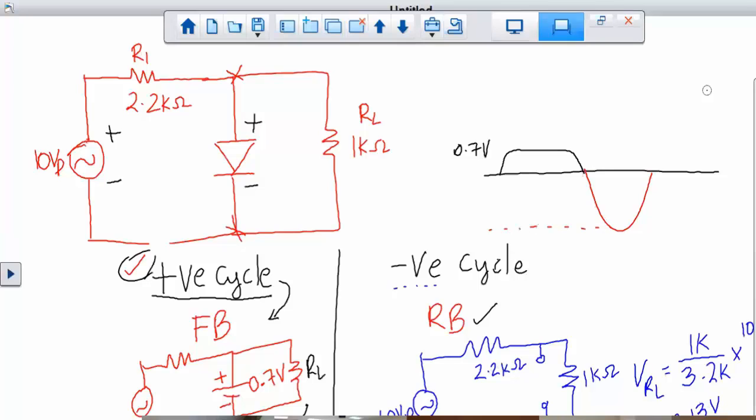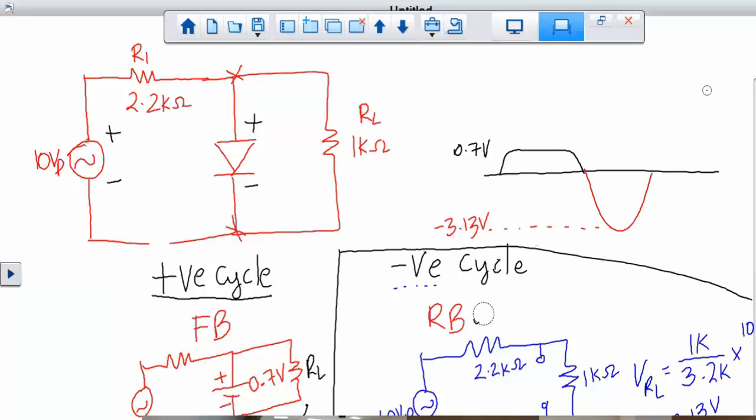Since you're talking about the negative cycle, the voltage would be negative 3.13. Reverse bias always means a voltage divider.